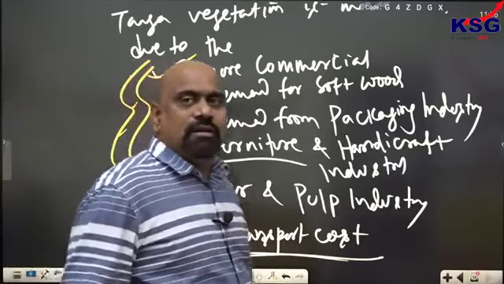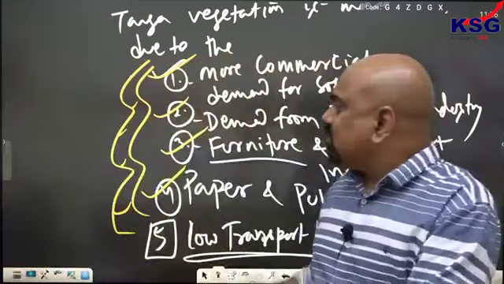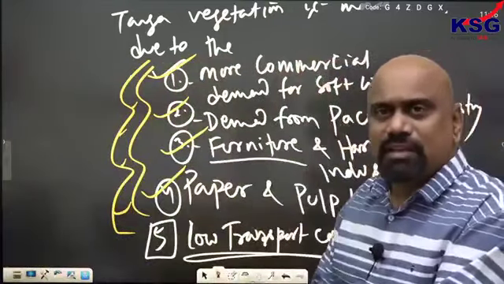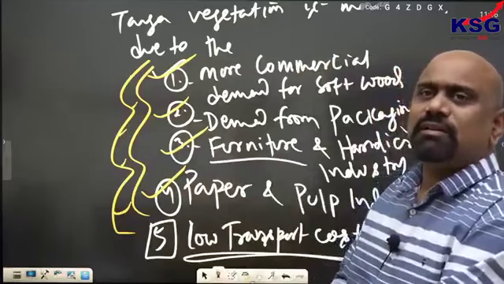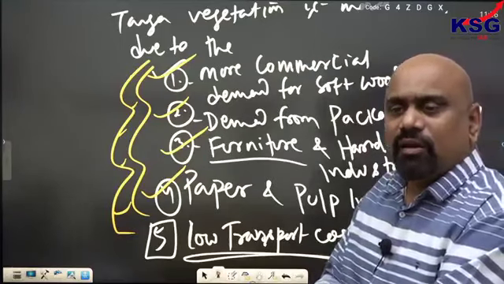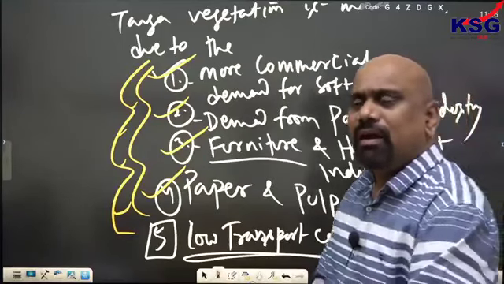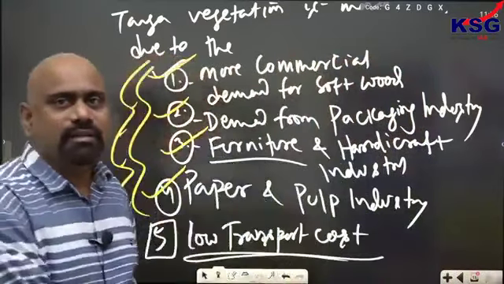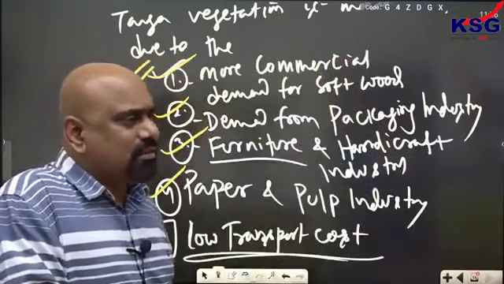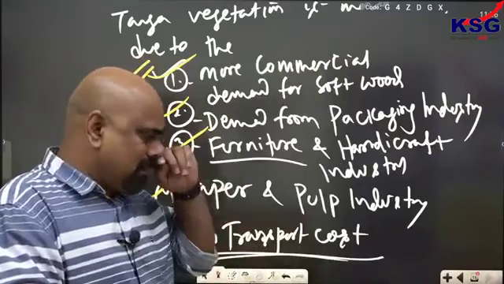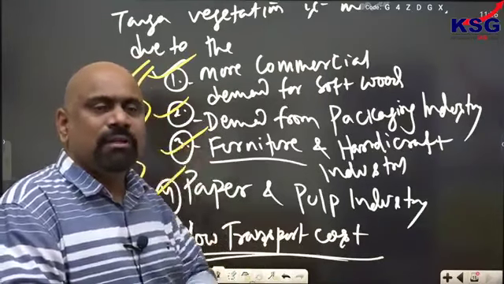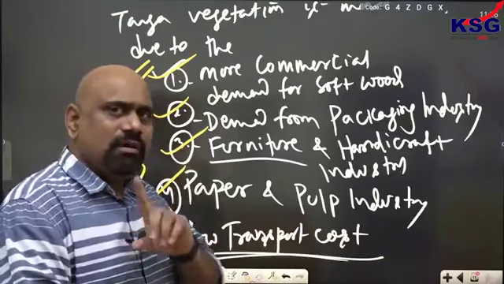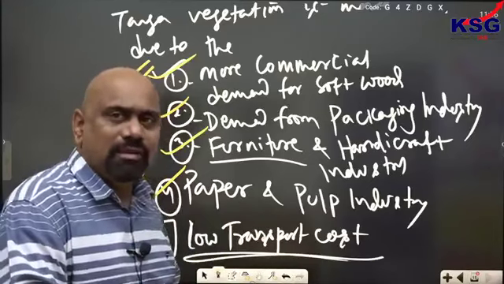Some of you are asking, sir, in hill stations also you will get this type of trees. Yes, we get this even in the mountainous region of the Himalayas. Here we get temperate evergreen as well as deciduous, with temperate evergreen mostly in the upper reaches. We will discuss that in the Himalayan vegetation.